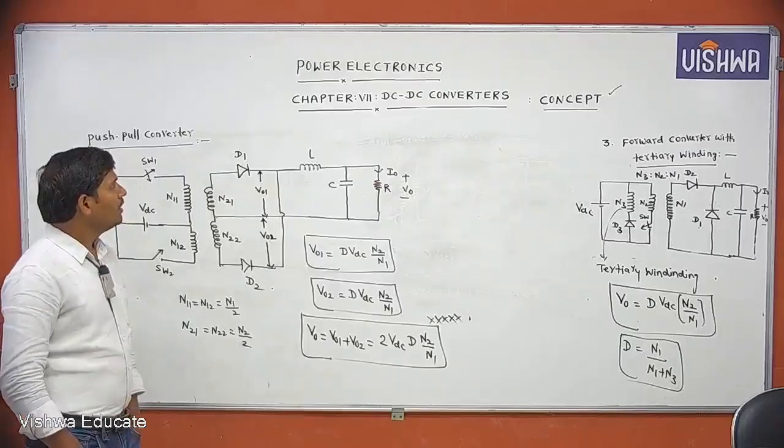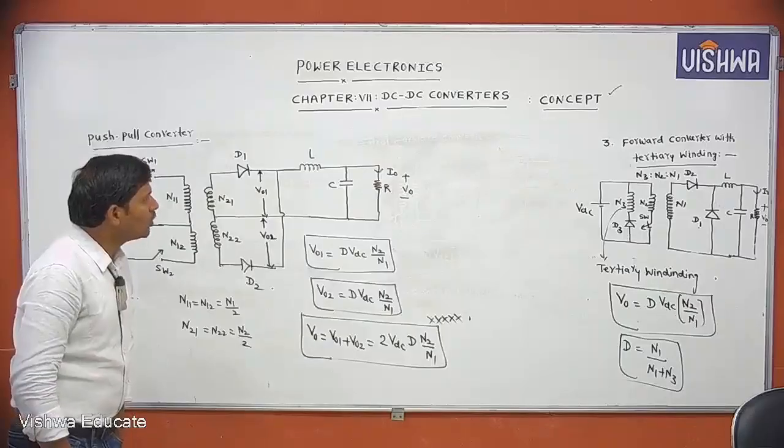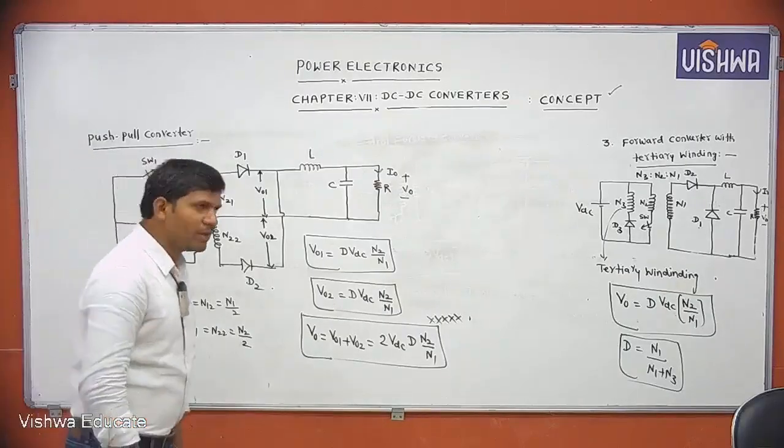With this, chapter 7, types of choppers based on output voltage level, that is buck regulator, boost regulator, and buck-boost regulator, is completed.